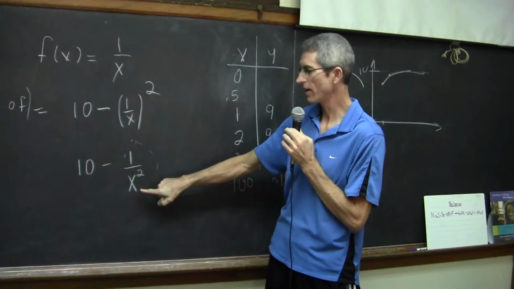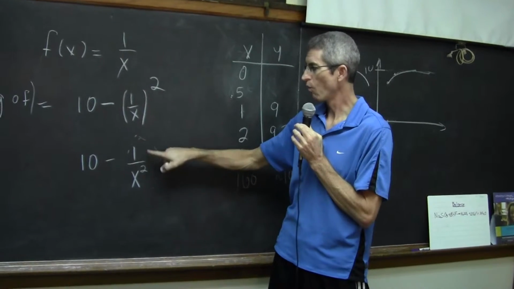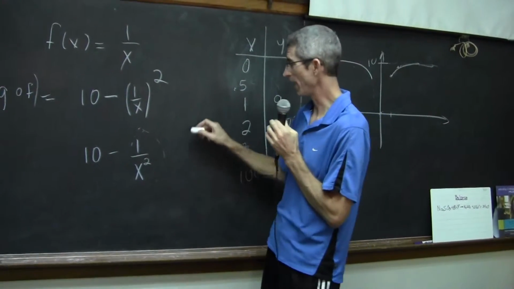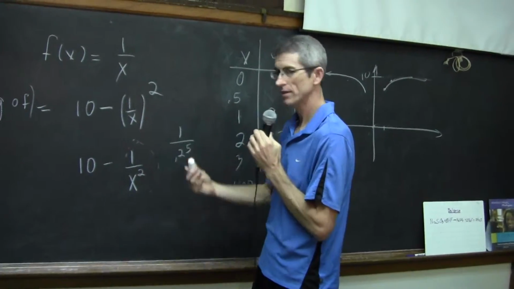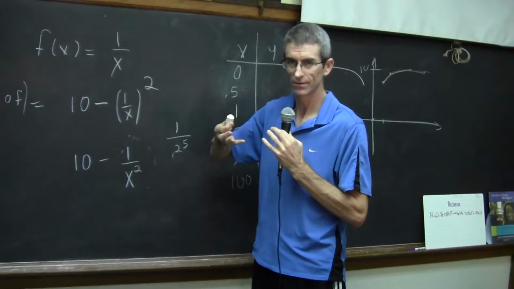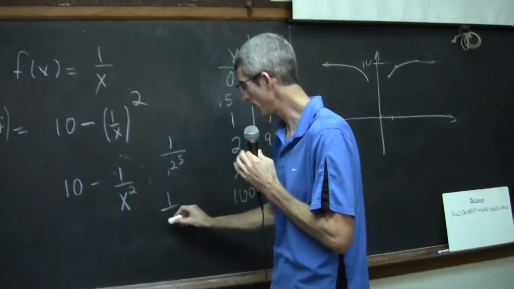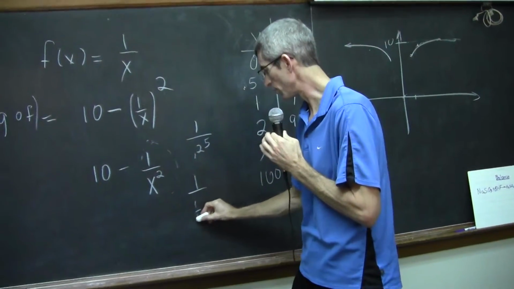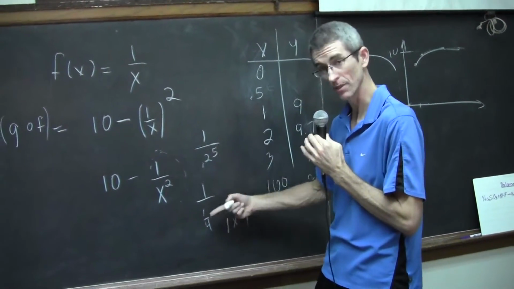If x is 0.5, 0.5 times 0.5 is 0.25. 1 divided by 0.25, so it's 1 divided by a decimal. It makes the number get bigger, right? If you forget that, write that in as a fraction. That's 1 divided by 1/4, which is 1 times 4, because we have to find the reciprocal.